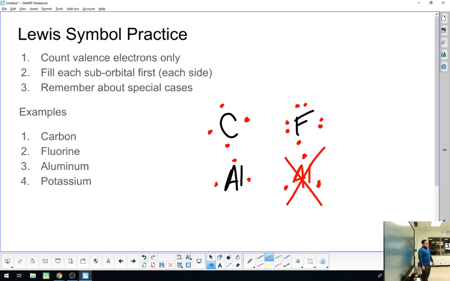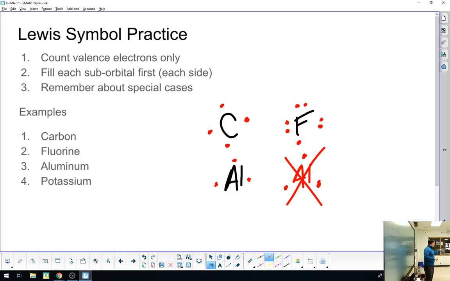When you're drawing them, you have up, down, left, and right. You don't want them to be equally spaced. You want to fill in 1 on each side first, and then go back and fill them up again. This will make sense in a little bit when we start doing bonds and what bonds look like. But for now, we're just going to go for here.